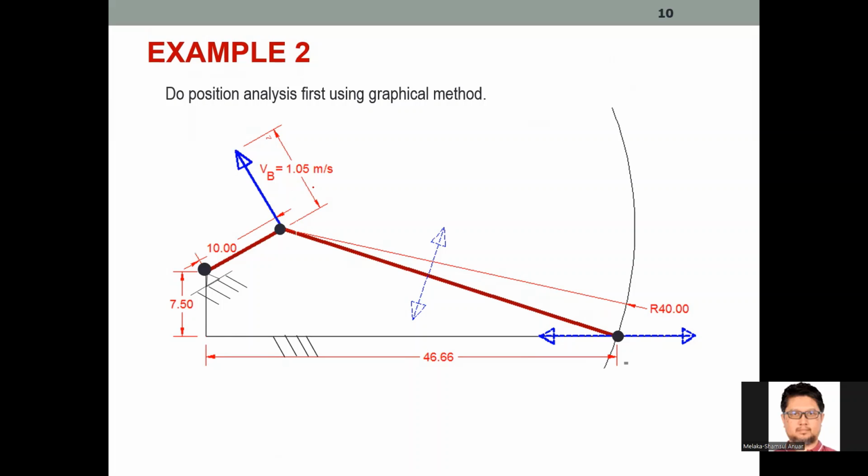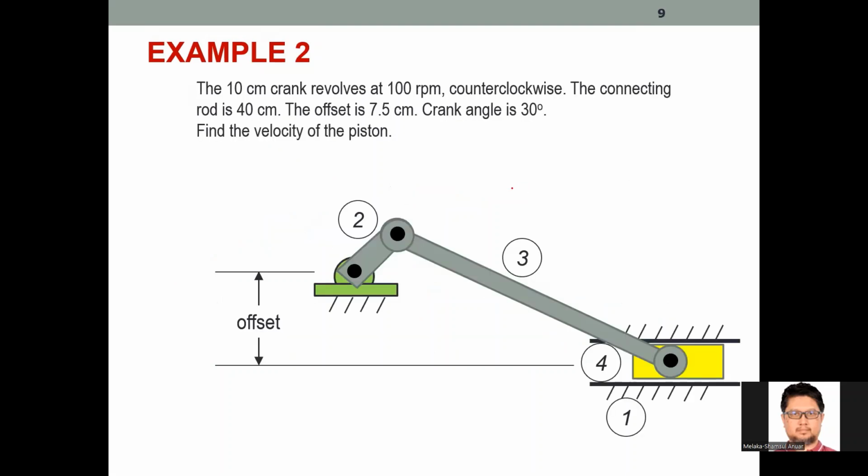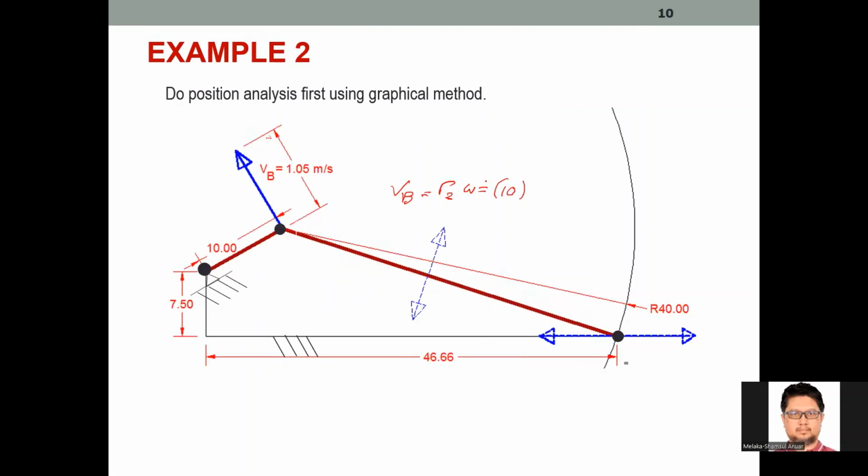So I believe VB is supposed to be R2 times omega, which is 10 times omega. What is omega? It is 100 RPM.